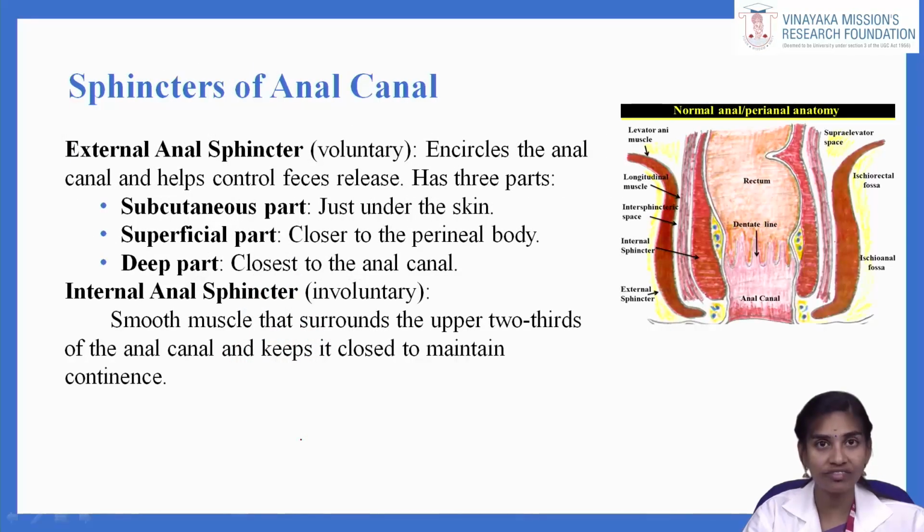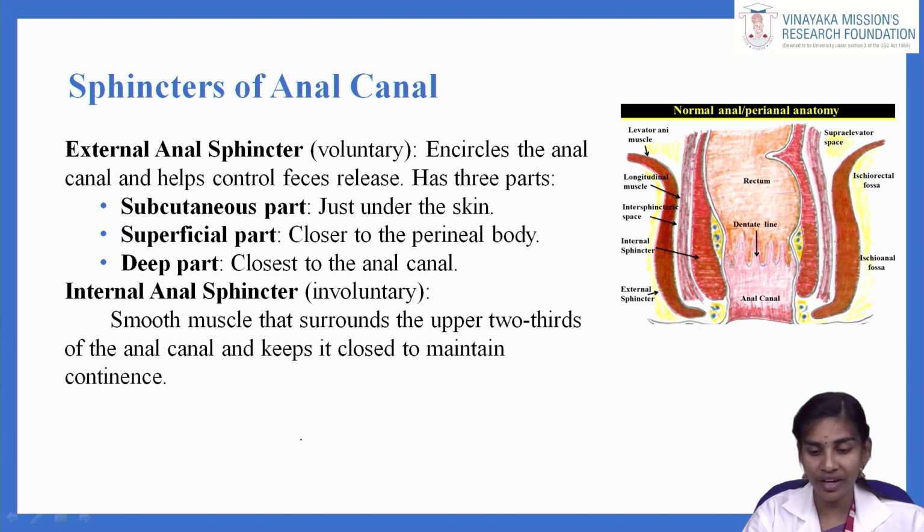Let's see the sphincters of the anal canal. The anal canal has the external anal sphincter muscle and the internal anal sphincter muscle. The external anal sphincter is under voluntary control. It encircles the anal canal and helps control the release of feces. It has three parts: subcutaneous, superficial and deep.